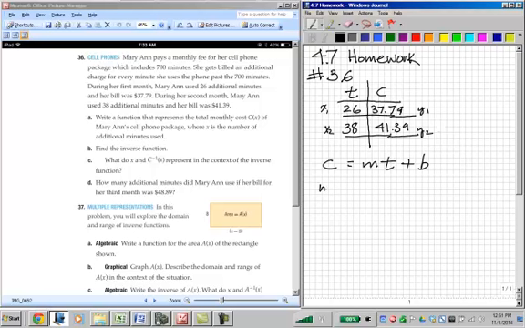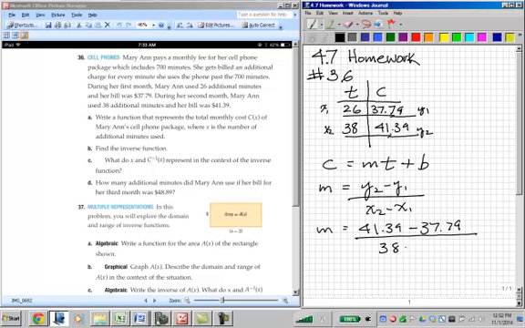But we'll just write down the slope equals y2 minus y1 over x2 minus x1. So the slope is going to equal 41.39 minus 37.79, over x2 minus x1. Now I did this on purpose so that I'd end up with everything positive.